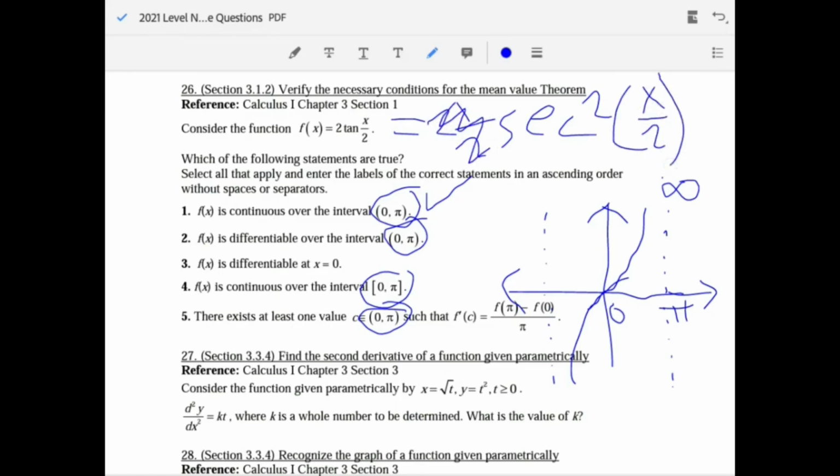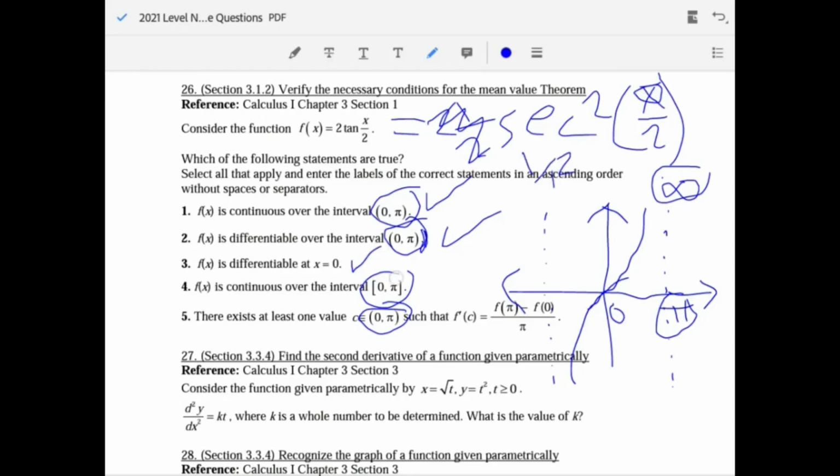Then when you substitute pi over 2, you get 0, and it becomes 1 over 0, so infinity. So it's not differentiable at pi. But since there's a bracket here, it's fine. Is it differentiable at x equals 0? Yes, because if you substitute 0 in here, you get 1 over 1 squared, and that's 1, so it's allowed.